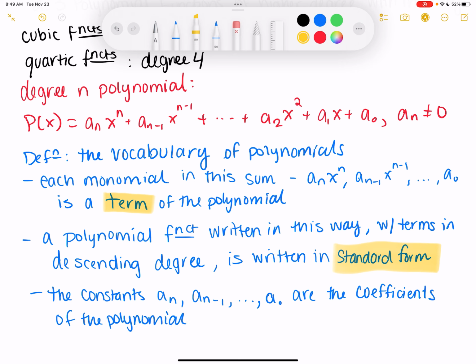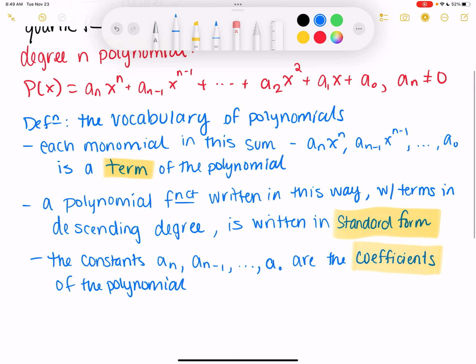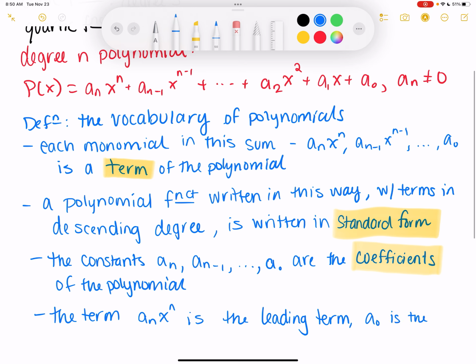Yeah. The term a sub n x to the n is the leading term. A sub 0 is the constant term.